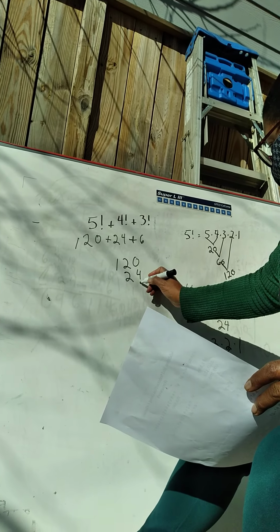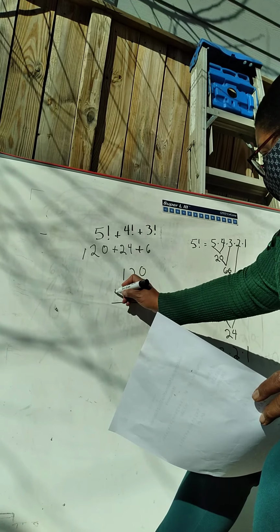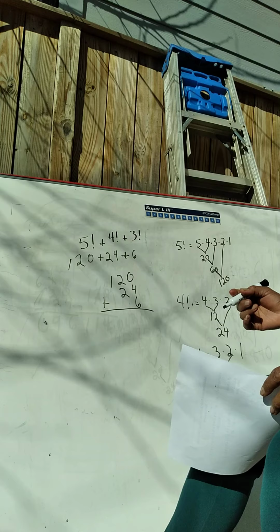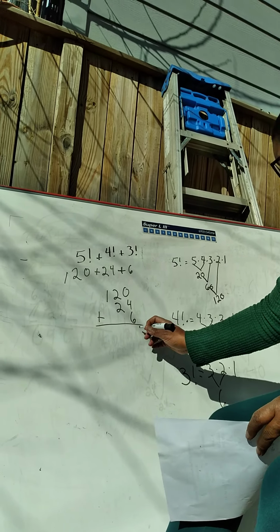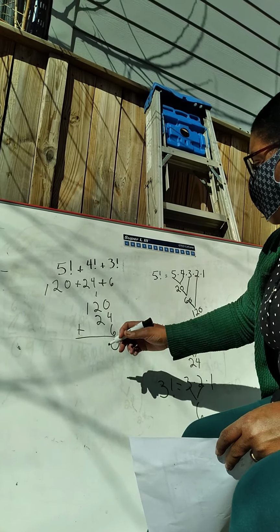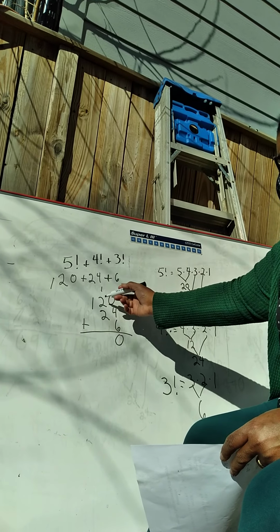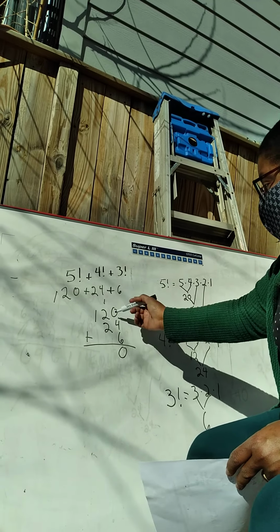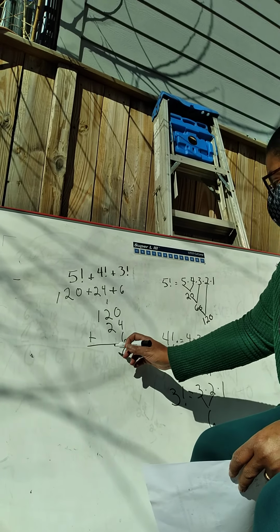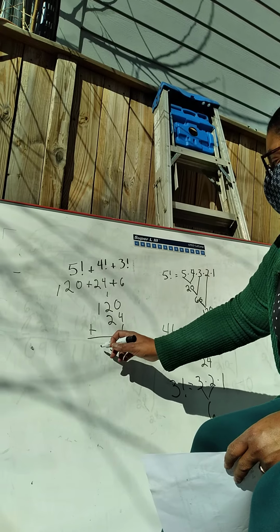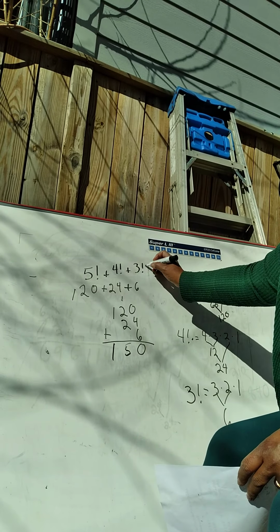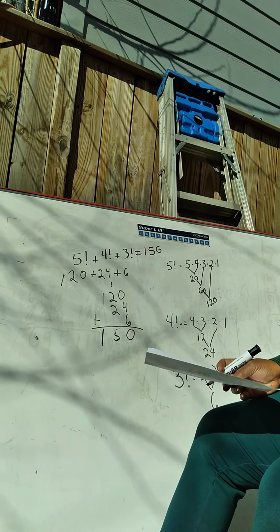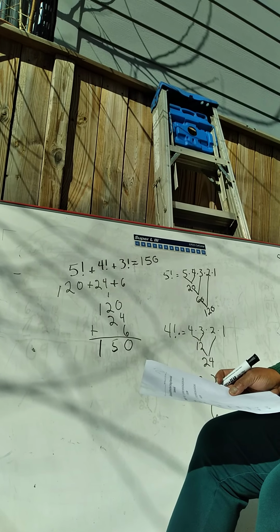And 6 is in the ones place. 4 plus 6 is 10. 1 plus 2 is 3 plus 2 is 5. 1 plus nothing is 1. So it's 150. Hopefully this will help you as you're working on adding and subtracting your factorials.